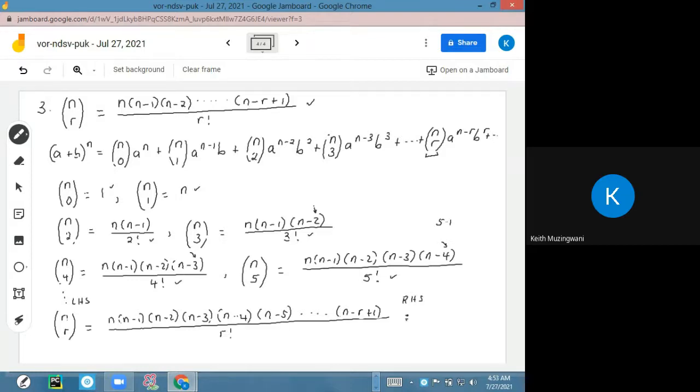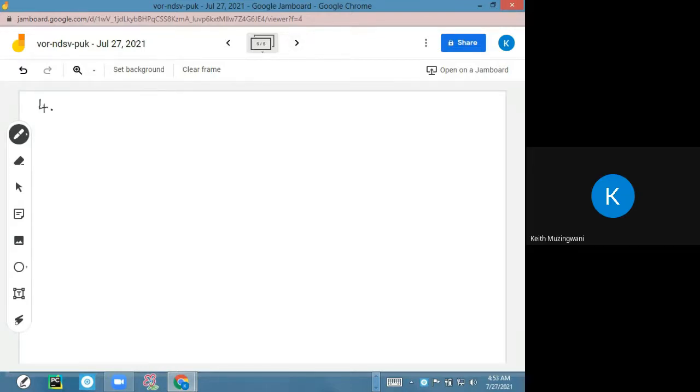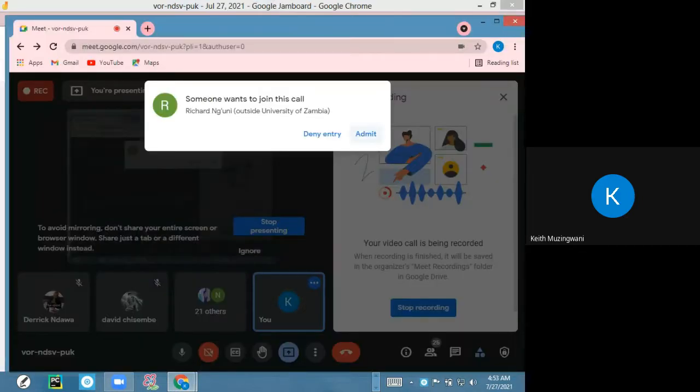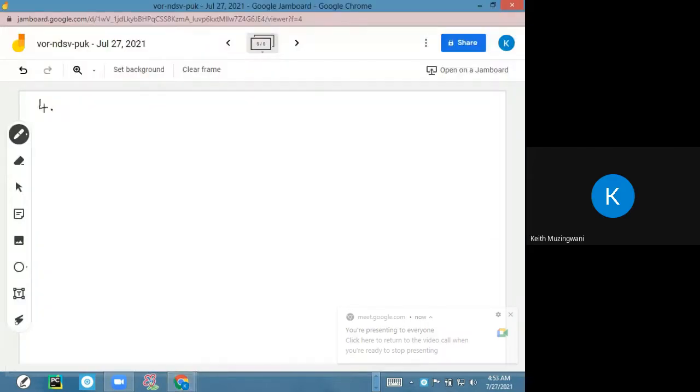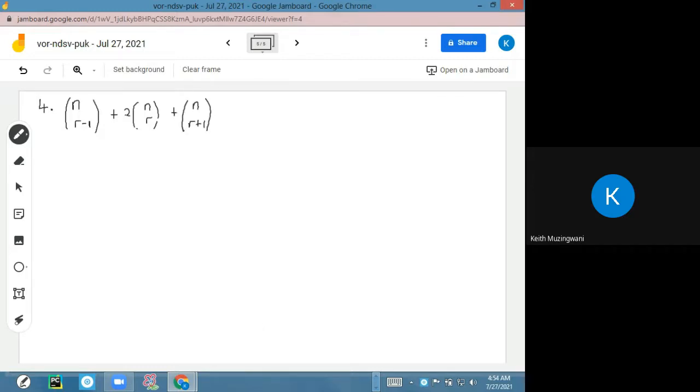Then the fourth identity would be nC(r-1) + 2 nCr + nC(r+1) is equal to (n+2)C(r+1).